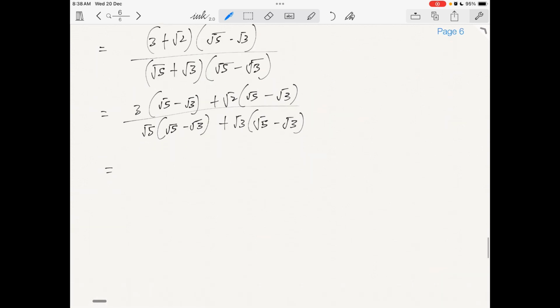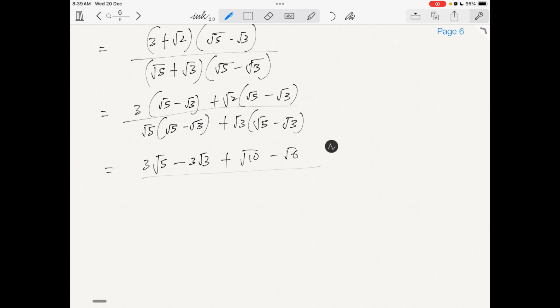Now this will give us 3 root 5 minus 3 root 3, plus root 2 multiplied by root 5 will give us root 10, plus root 10, and root 2 multiplied by root 3 will give us root 6, minus root 6.